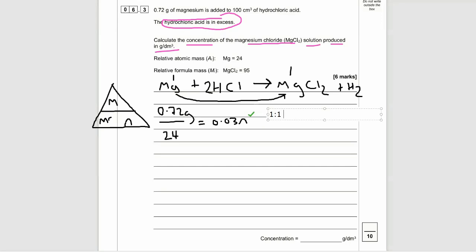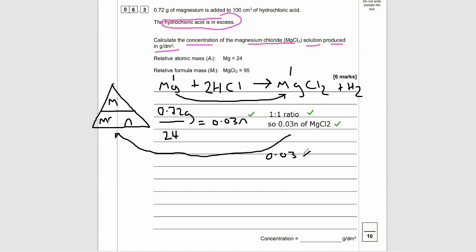Notice there's no numbers in front of magnesium, no numbers in front of magnesium chloride. So it's a 1-to-1 ratio. So if I have 0.03 n or moles of magnesium, I've also got 0.03 n of magnesium chloride. That's your second mark because you worked out it's a 1-to-1 ratio, maybe even your third mark for saying 0.03 n. Now I need to turn this into mass because we want our answer in grams per decimeter cubed for magnesium chloride.